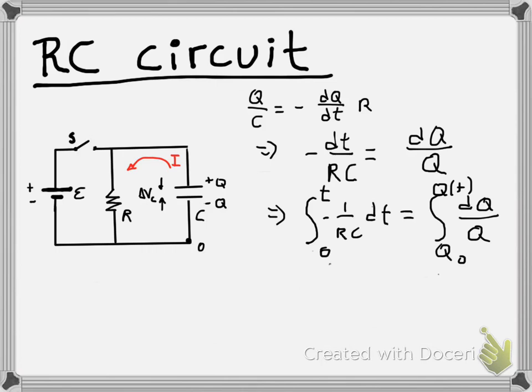For time, we're integrating from t equals 0 to some later time t. At t equals 0 we're going to say that the charge in the capacitor was Q naught, and at the later time t, the charge is Q of t. So these are our limits of integration. The integral on the left hand side is minus t over RC. The integral on the right hand side is the natural logarithm of Q of t divided by Q naught.